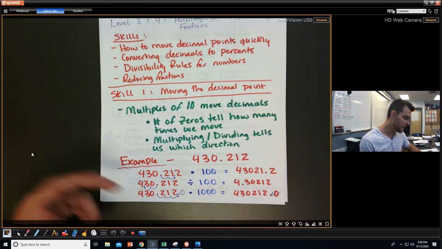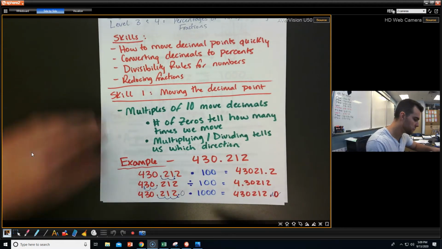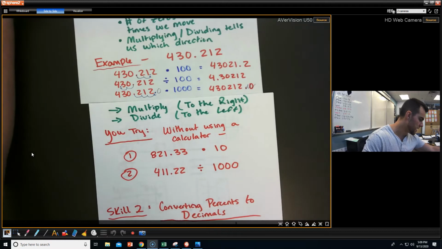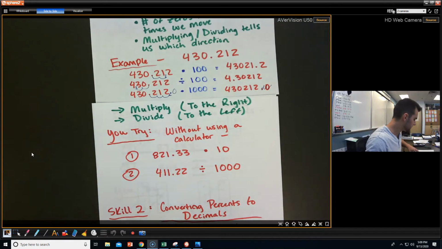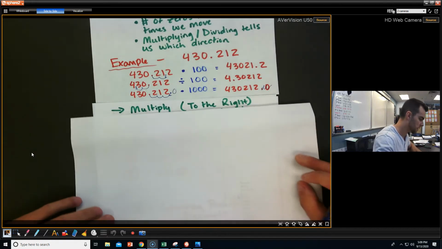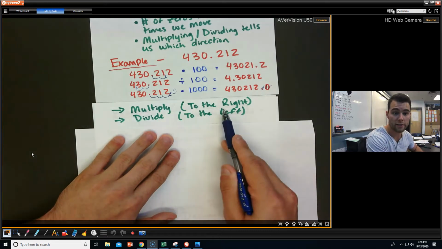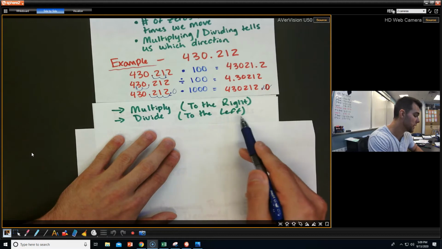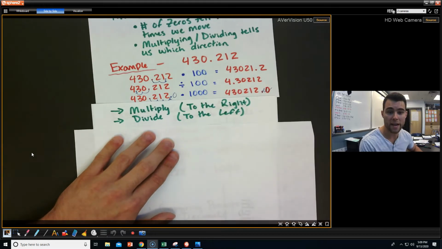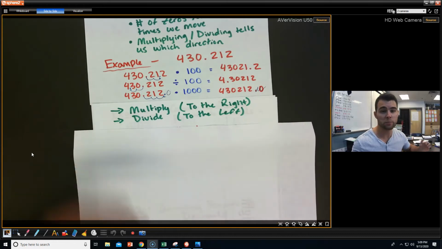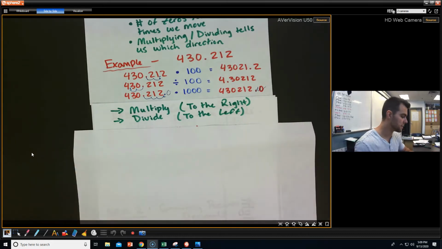When I divide, I'm going to the left, and that is part of our rules. You can see that with the math, and you can verify with your calculators. It's just multiples of 10 that are determining this.